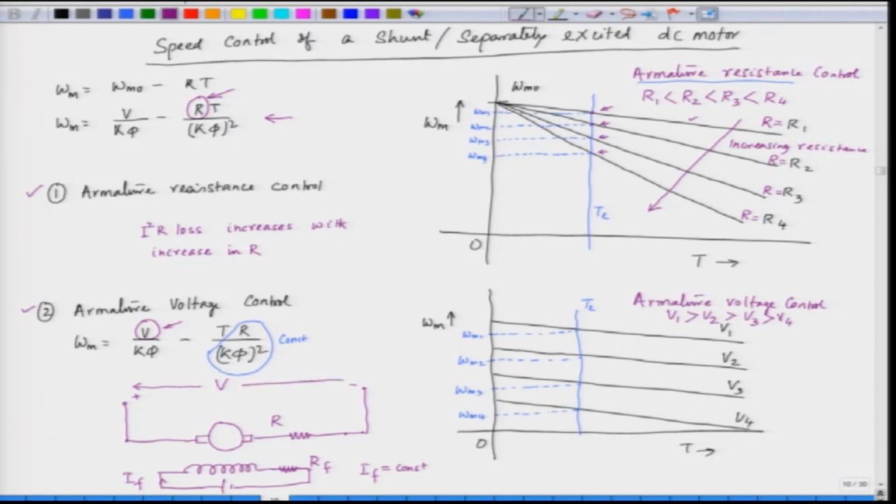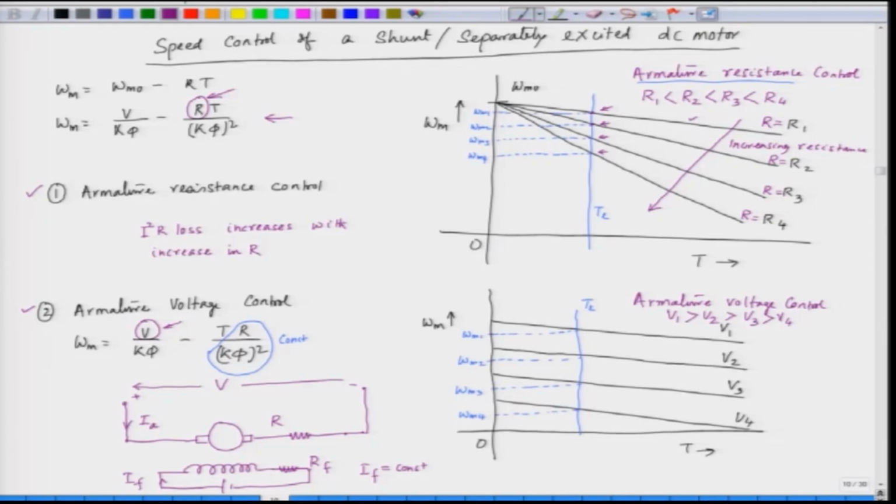Now, when we vary this V, this is the current I A which flows through the armature. When we vary V, the no load speed changes, V by K phi changes, the resistance is constant, we do not change the resistance, the voltage is changed.